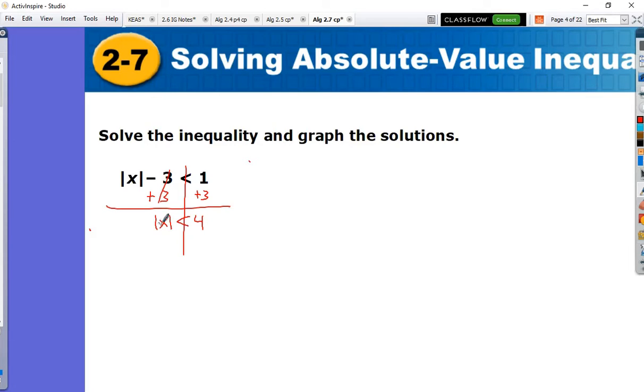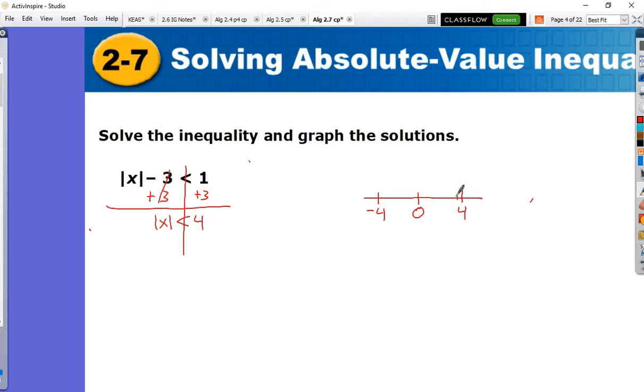Now, what it's saying is that the absolute value of x is less than 4. So I'm going to set up a number line. Same thing like we did on the other slide, we have 0. Put yourself +4 and put yourself -4, because remember, absolute value has two answers, 4 and -4. So what we're looking for is x to have an absolute value of less than 4.